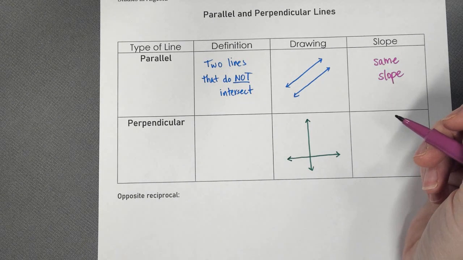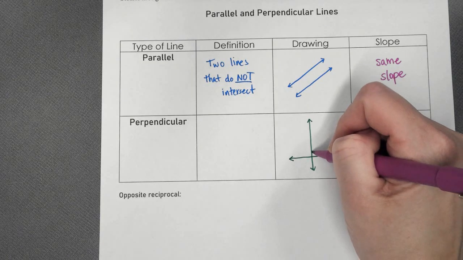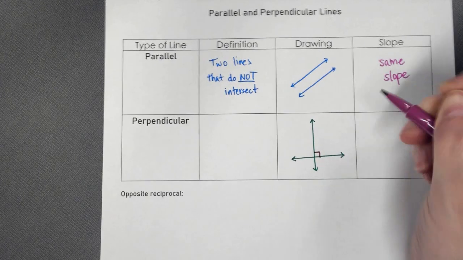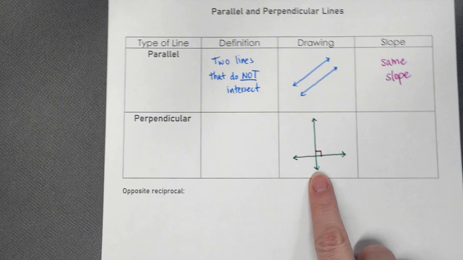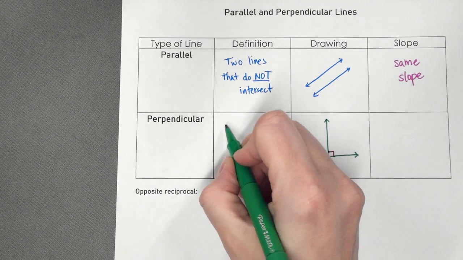Do you guys know how many degrees are in a right angle? 90. Yep, 90. And this is the symbol. Have you guys ever seen this before? It looks like a little square in the corner. Did you grab the notes on your way in or no? Okay, so this means 90 degrees. I know the angle.